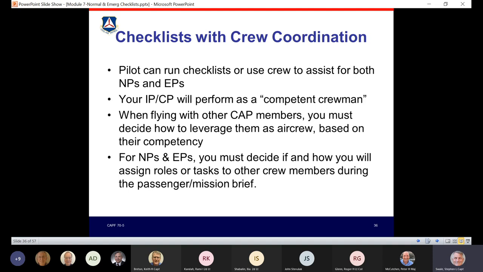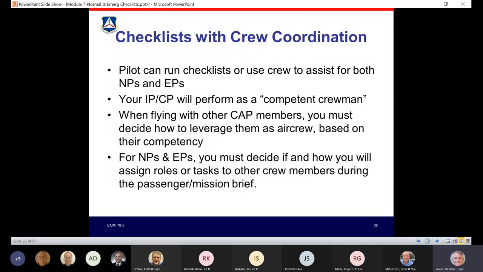Okay. Checklist with crew coordination. This is sort of a summary of what we've talked about. The addition to this is that when you do your Form 5, you should plan on whether it's your orientation flights, your back in the saddle flights, or if it's your check ride, you get to use the instructor pilot or check pilot in the right seat as a competent crewman.